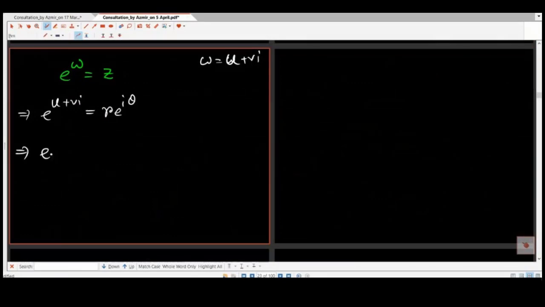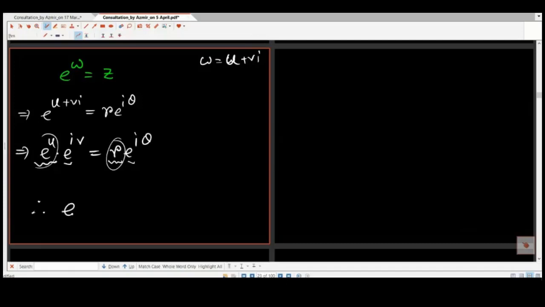And then we have e to the u times e to the vi equals r e to the i theta. Let's write it in a convenient form. So two complex numbers are equal if their moduli are equal.